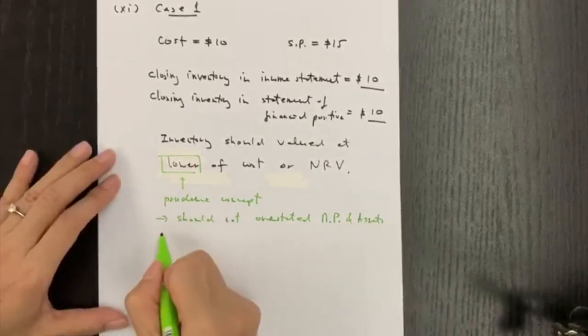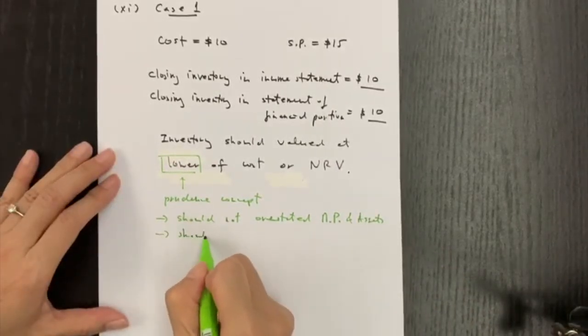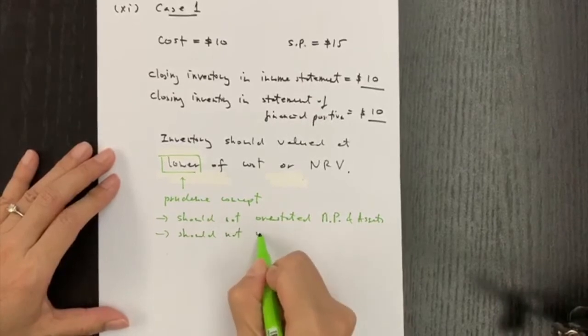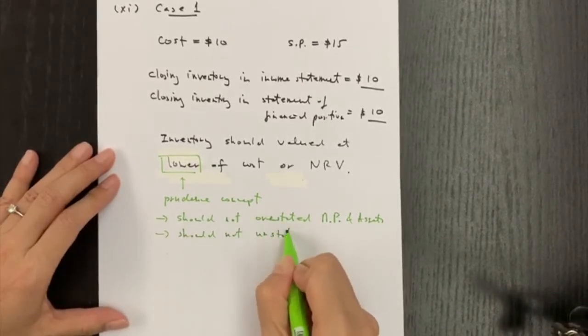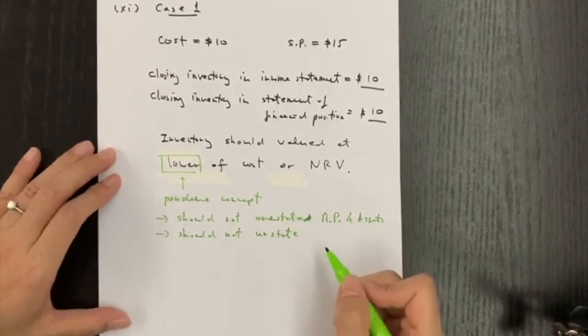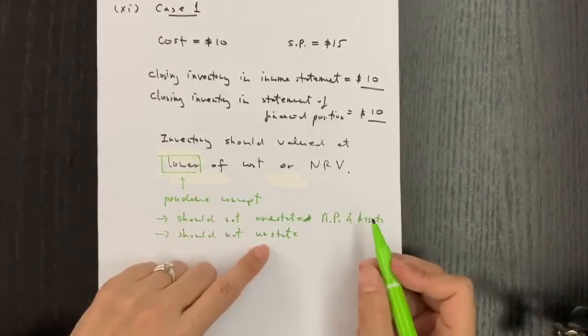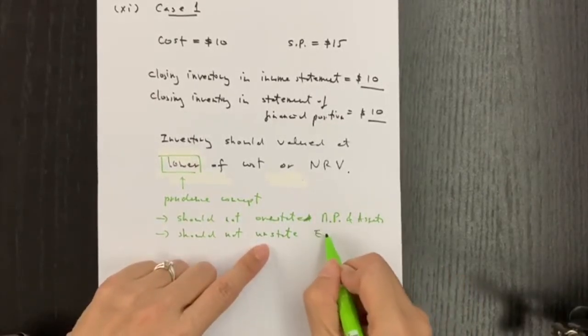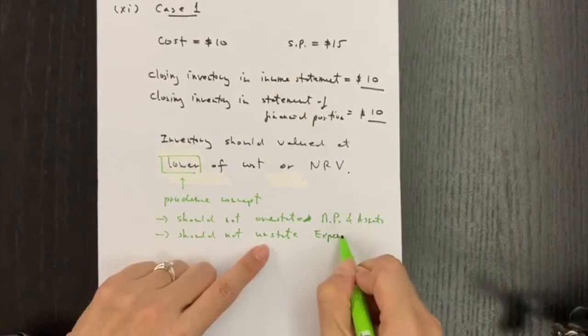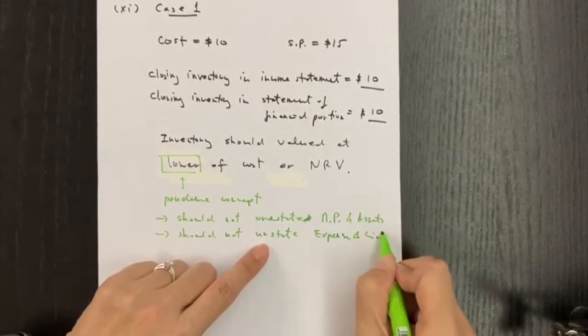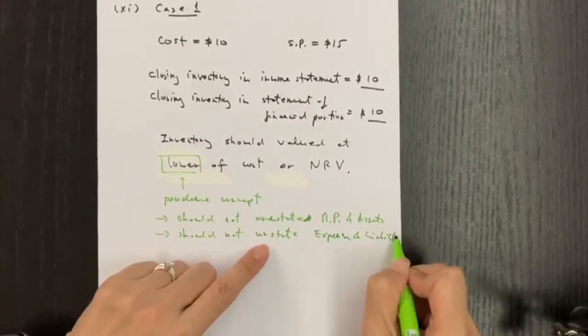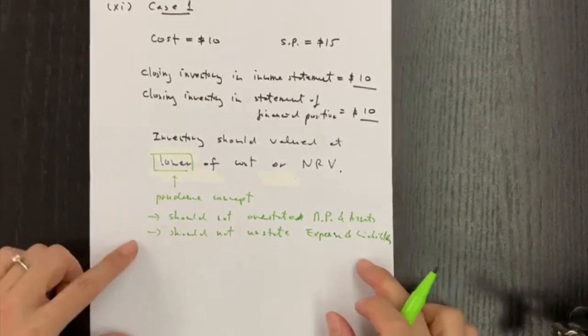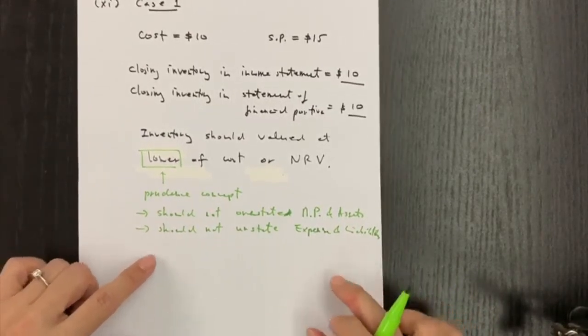And also, we should not understate the value of bad things, for example, expenses and liabilities, right? So in order to protect the users of financial statements.